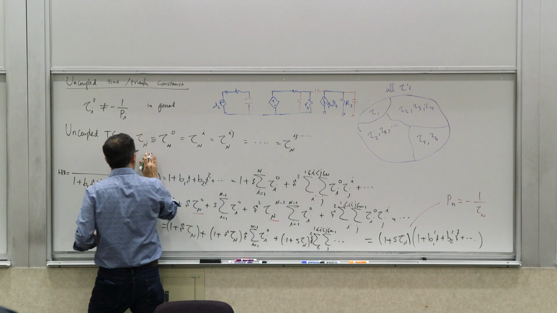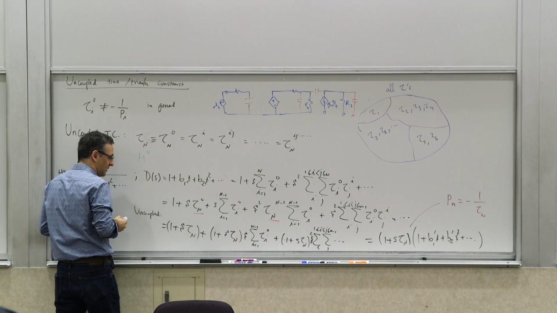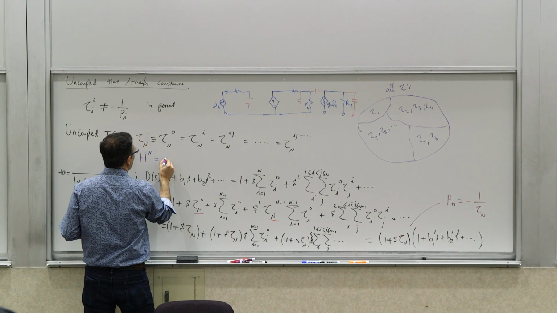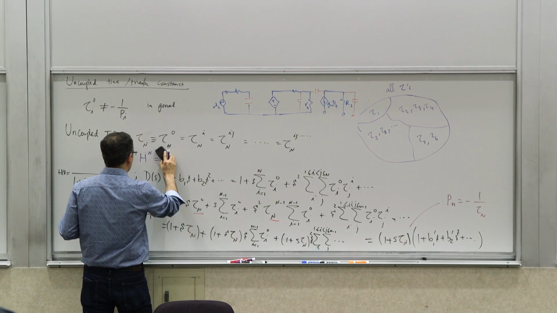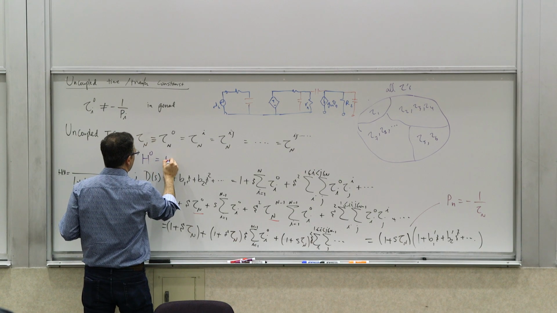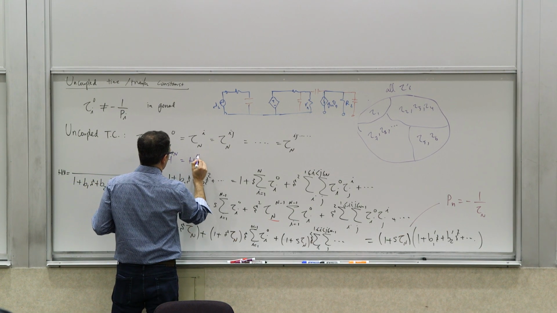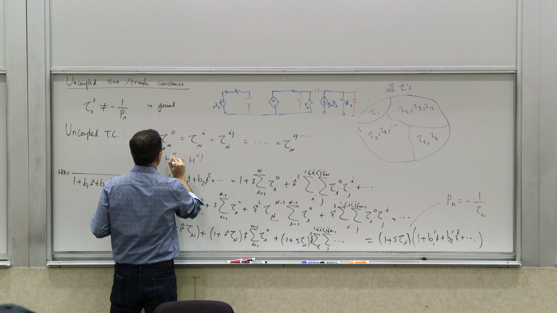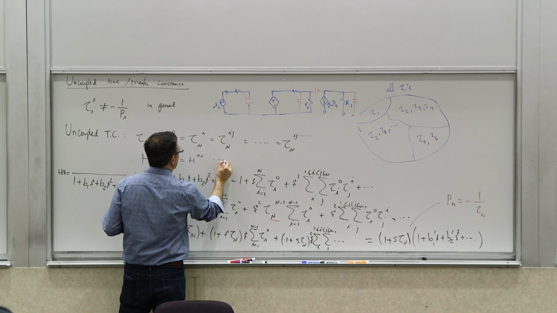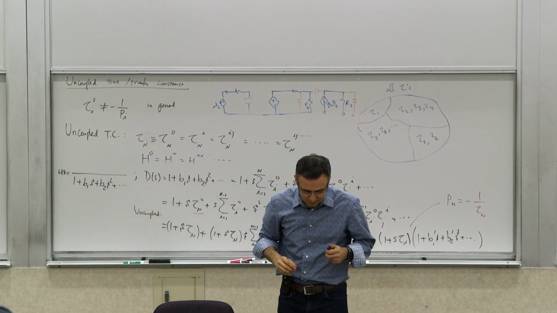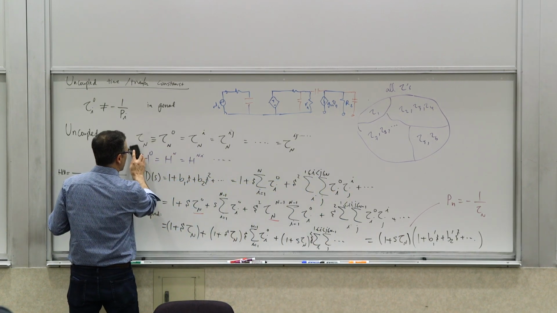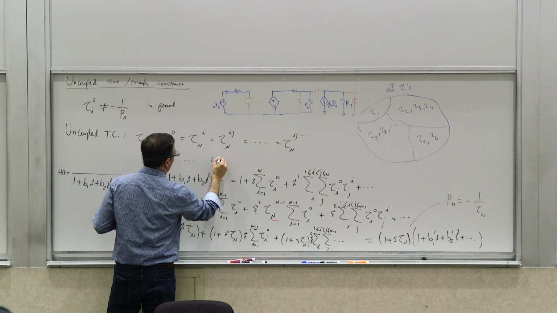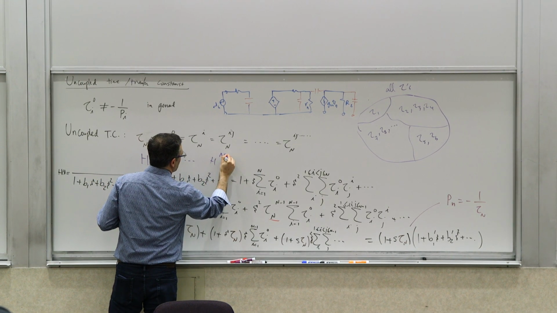You need h of n, h of ni, all the way to h of nij, et cetera.